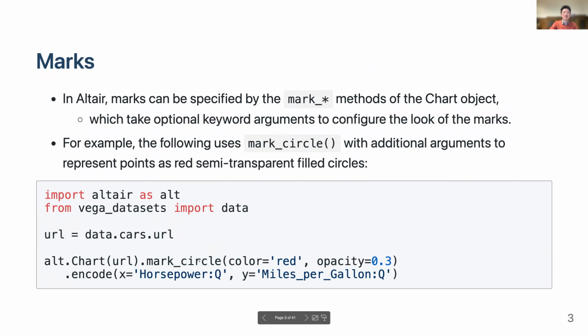If we don't put anything in the bracket, it will use the default settings for color, opacity, size, etc. But you could specify these by putting in some parameters, and we'll see a list of all the available methods a little bit later on. But just for this example, we import Altair and the dataset.